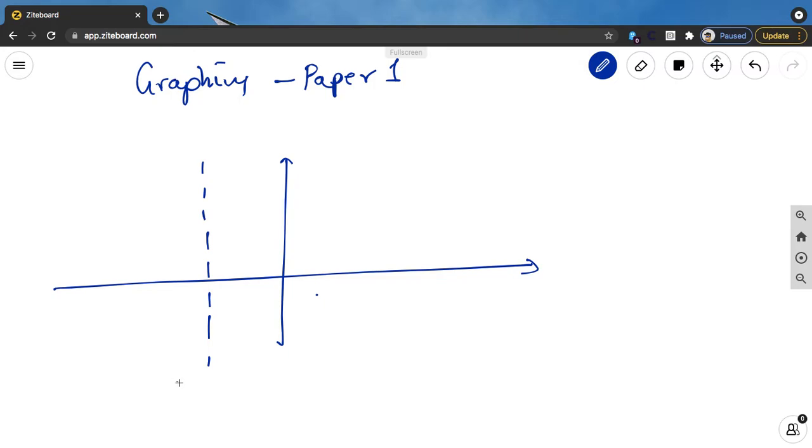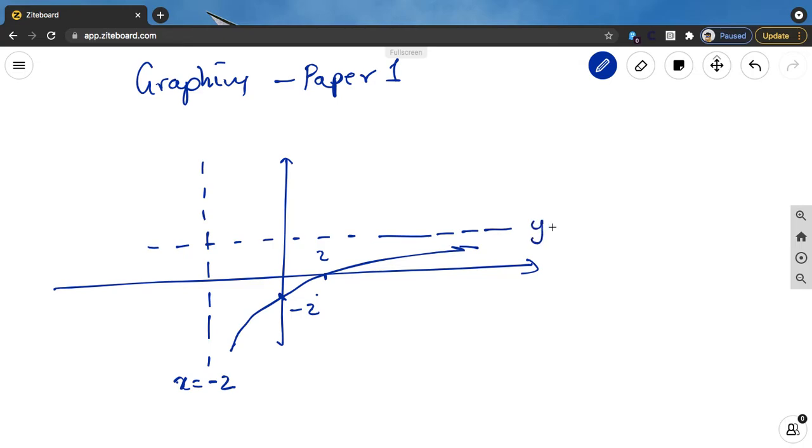Usually for a vertical asymptote, you represent it that way: x equal to -2, and there is a function. It's -2, this is +2, and this is the horizontal asymptote whose equation is y equal to 2.